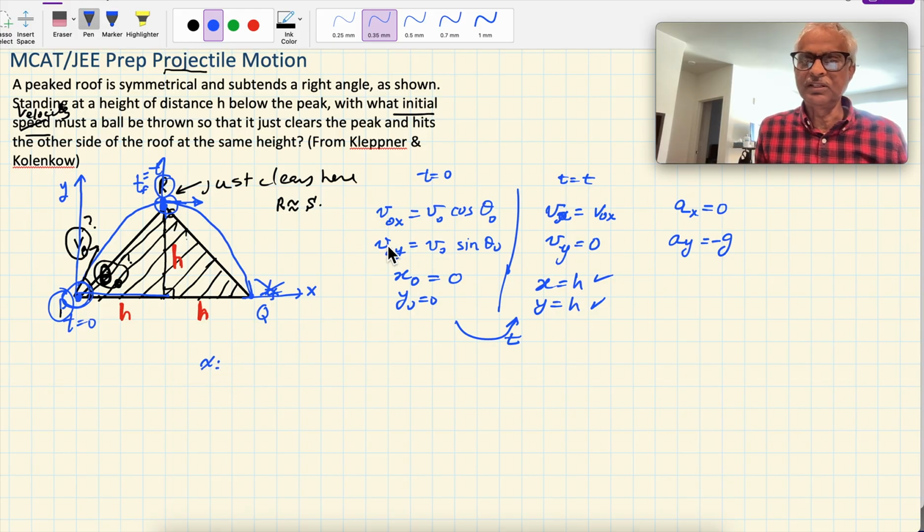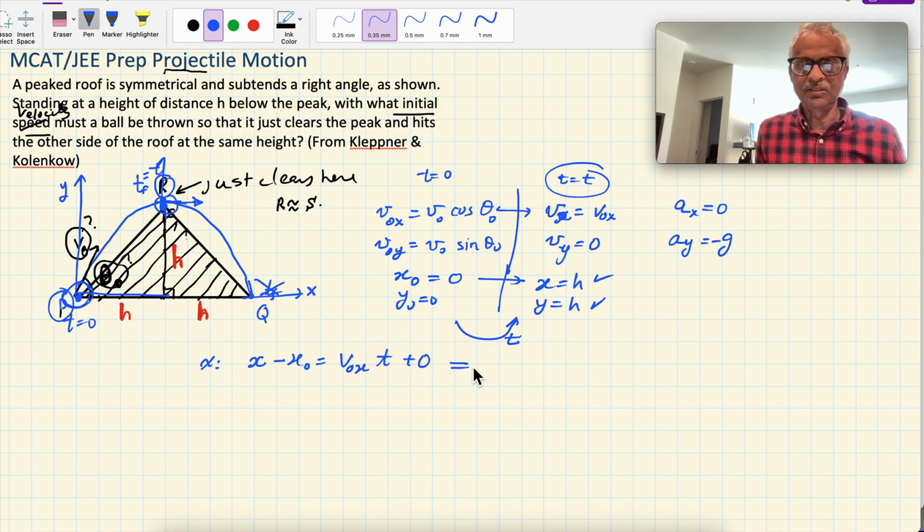So now let's write down what we're going to do. Along the x-axis, we're going to get only one equation. It's how much distance it traveled along the x-axis with that speed in time T. So x minus x0 equals V0x t plus 0, which simplifies to h equals V0 cosine theta 0 times t.